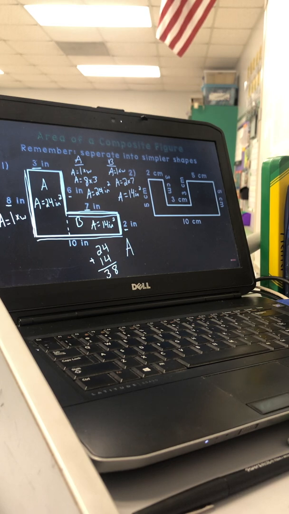So our final area is 38 square inches. Again, we separated into simpler shapes, found those areas, and added them together for the area of the whole composite figure. Now for number 1, we could have cut it this way as well and made a top and a bottom rectangle.